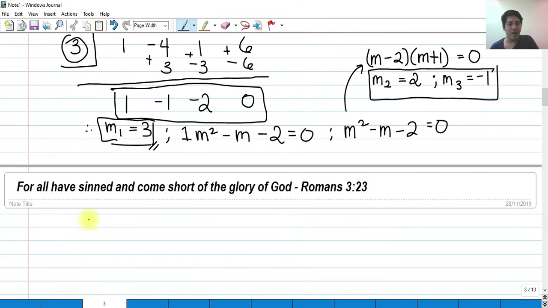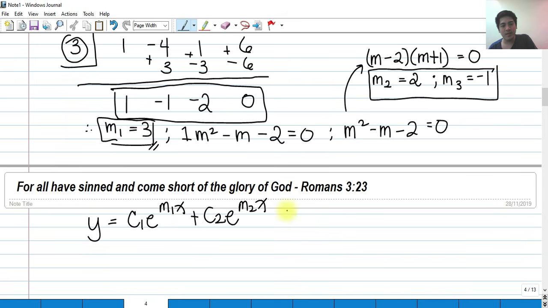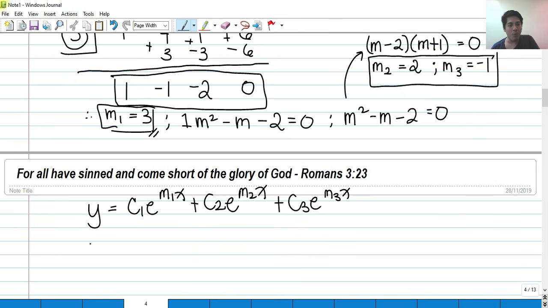So what are we going to do? We now write it in the form of c sub 1 e raised to m sub 1 x plus c sub 2 e raised to m sub 2 x plus c sub 3 e raised to m sub 3 x. We have y, because that's the dependent variable. Notice that this is not always equal to y. This variable indicates what the dependent variable is in our given differential equation.